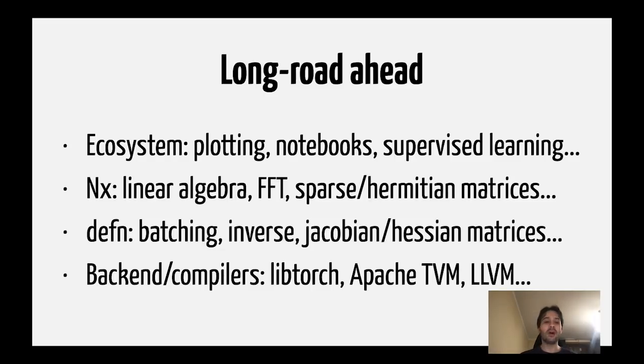And when it comes to backends and compilers, we are integrating with Google XLA right now, but we have been very careful to make everything pluggable. So, if you want to play with other ideas, if you want to play with libtorch, Apache TVM, or LLVM, whatever is coming down the road, or custom accelerators, custom hardware, it's possible with Nx because the whole library was designed to be extensible and pluggable.